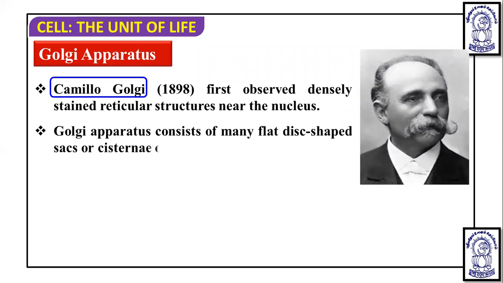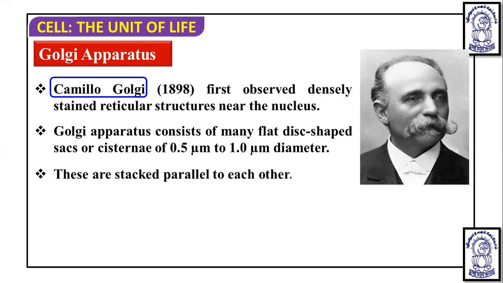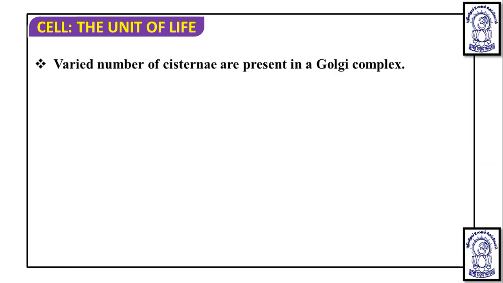And this Golgi apparatus consists of many flat disc-shaped structures called cisternae. And these cisternae have 0.1 micrometer to 1 micrometer diameter. These cisternae are stacked parallel to each other. It actually has three parts: cisternae, tubules, and vesicles.